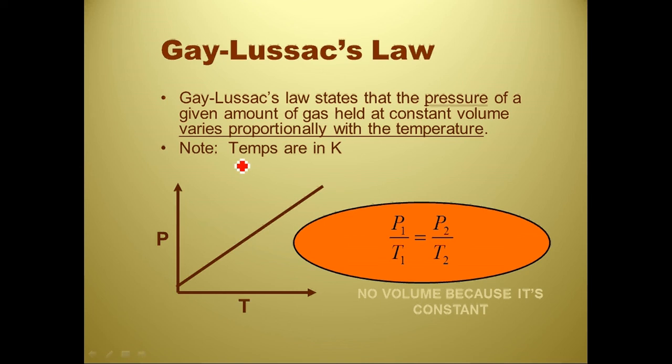The only real issue here, again, is that temperatures must be in Kelvin. Basically, the reason is if one of these temperatures is negative, then that means that pressure is going to have to be negative. That doesn't happen. There's no such thing as negative pressure. Pressures are always positive. They always push one way. The harder side always pushes towards the weaker side.